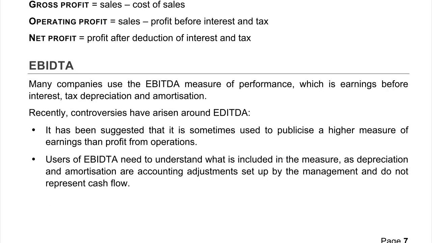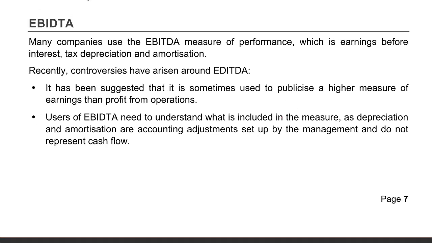EBITDA is an increasingly common measure. EBITDA stands for earnings before interest and tax, depreciation and amortization. So it's before interest, tax, depreciation and amortization. That's particularly useful for businesses that have lots of intangible assets, because if intangible assets are not on the balance sheet, then they won't be subject to depreciation and so on.